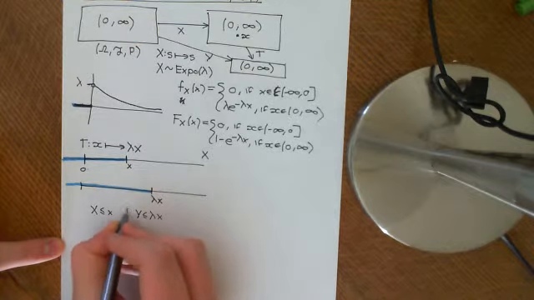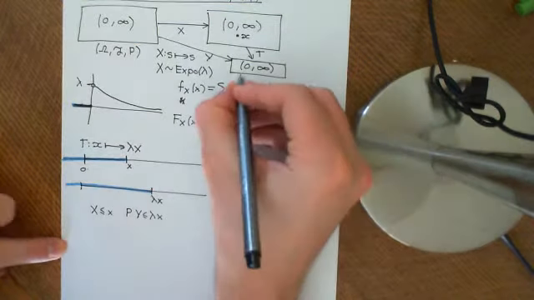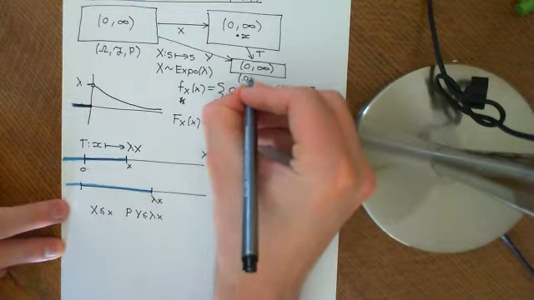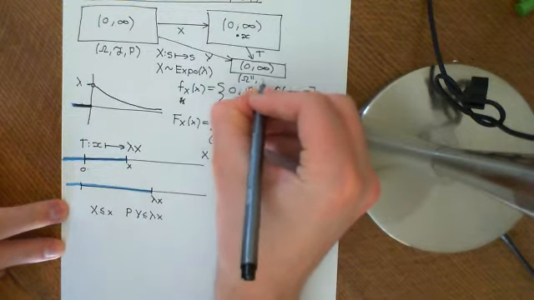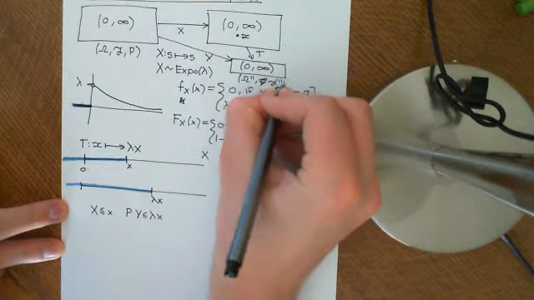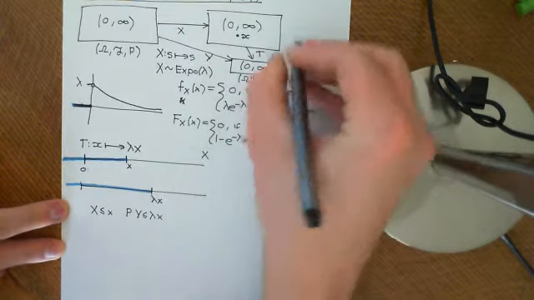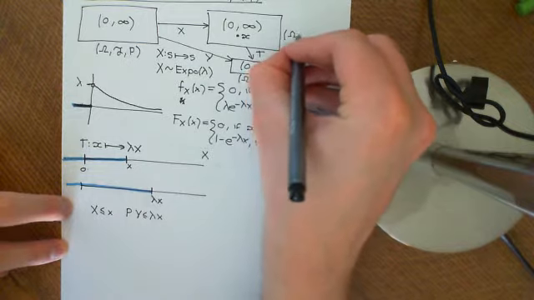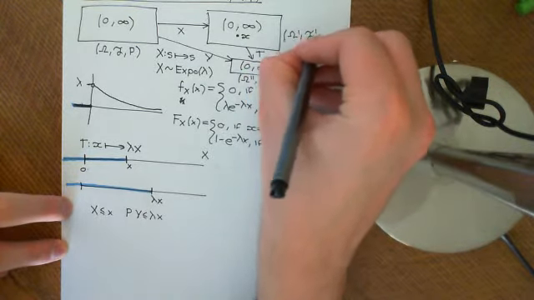Let's say that this has a probability measure. Let's call this the probability space omega double prime, F double prime and P double prime, and let's call this one omega prime, F prime and P prime.